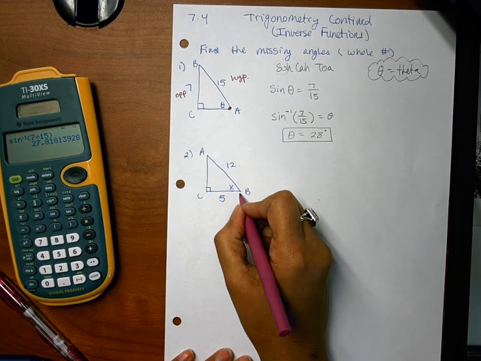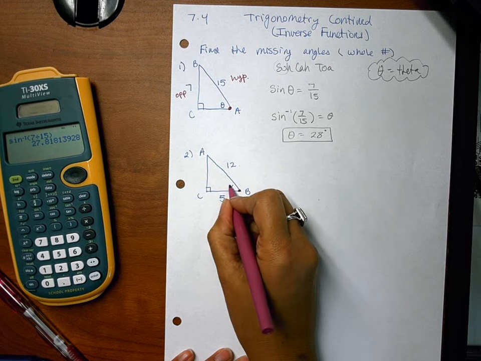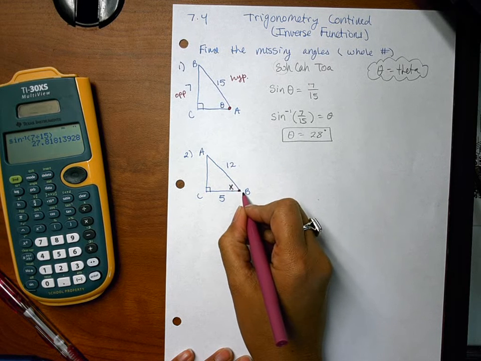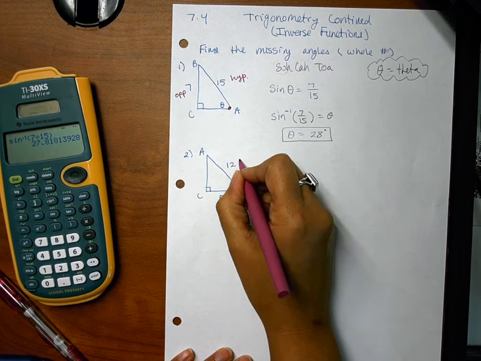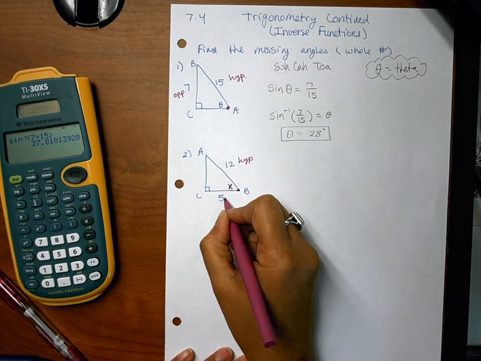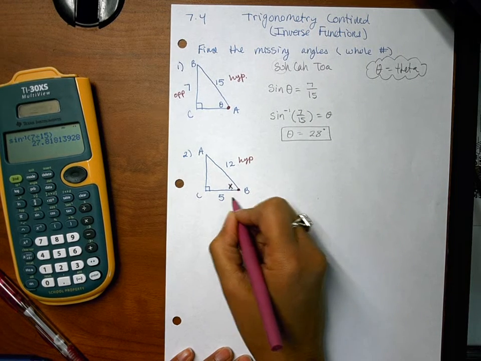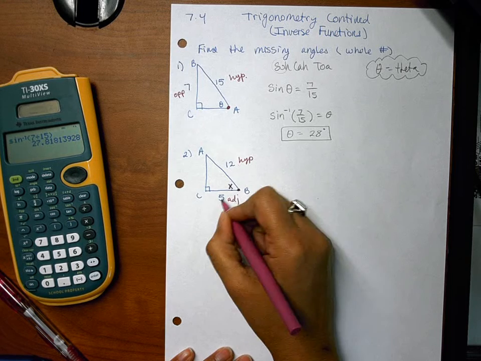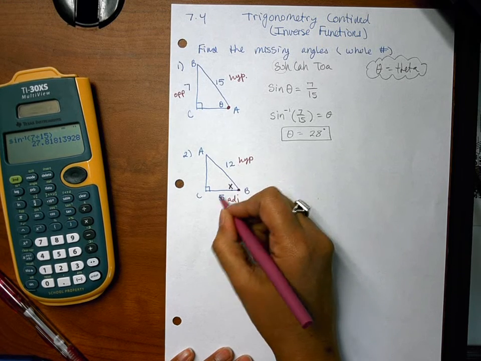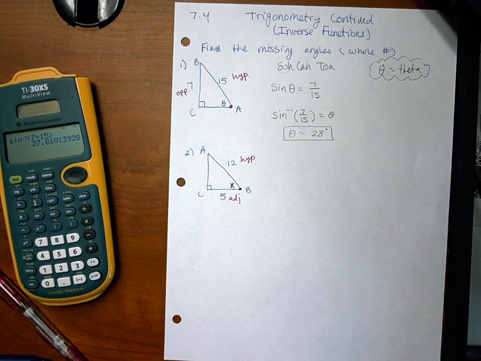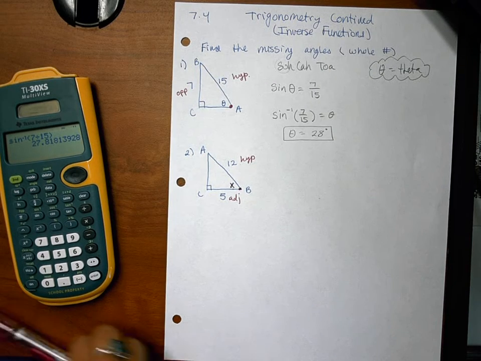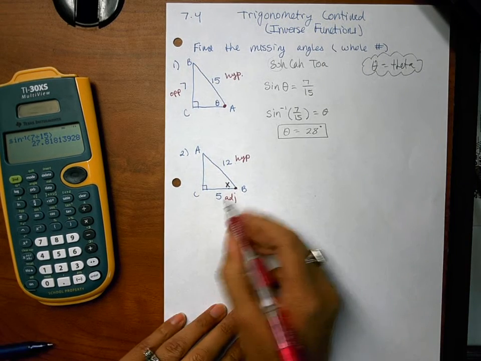We put our mark wherever the angle is. They're asking us for X, so it's there. Opposite the 90 is the hypotenuse. And that makes this not the opposite, but the adjacent. They're both next to it. How do we know which one's hypotenuse, which one's adjacent? Hypotenuse is always opposite the 90, which means 5 has to be the adjacent.